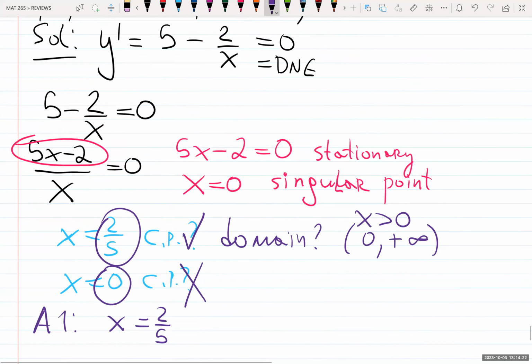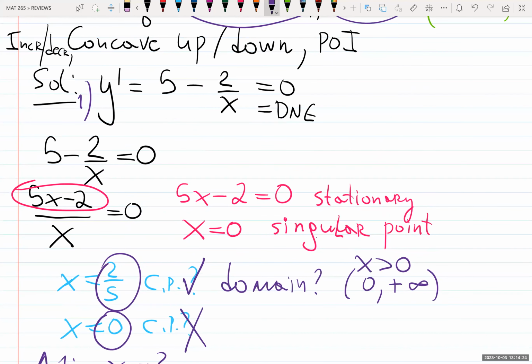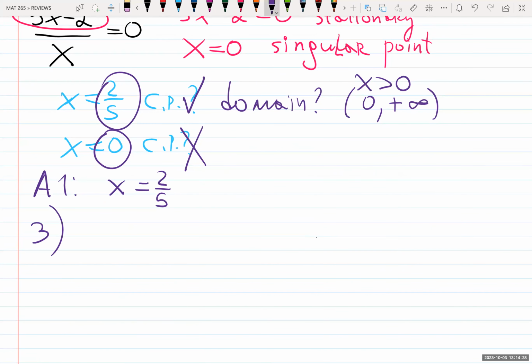Continue. Step 1, find derivative. Step 2, find critical points. Step 3, if you want to find increasing decreasing intervals, you do the first derivative test. I call it a sign line. It's not my idea. Put 2/5 on the number line here.